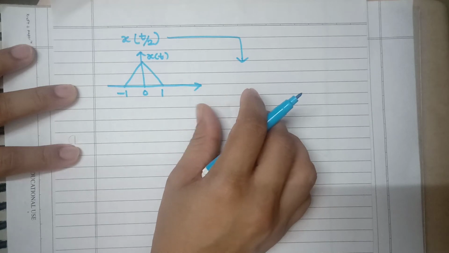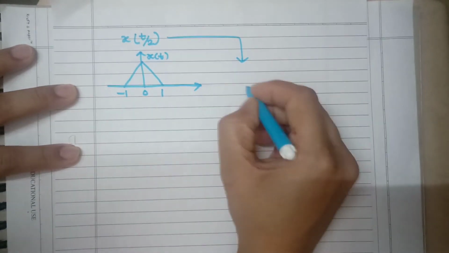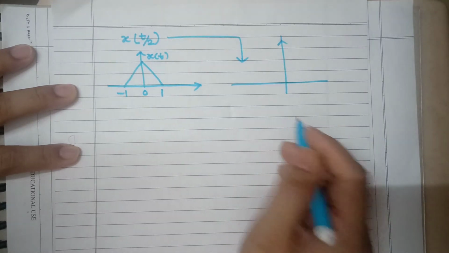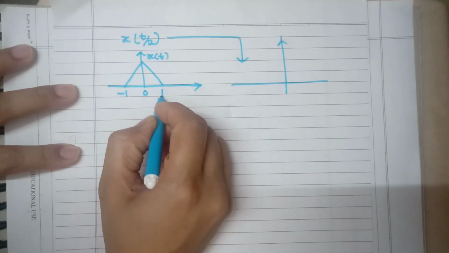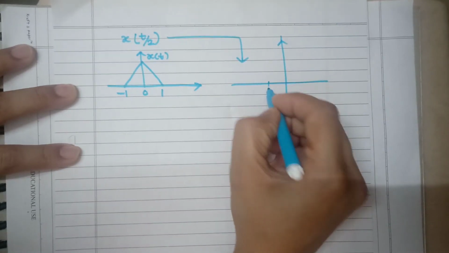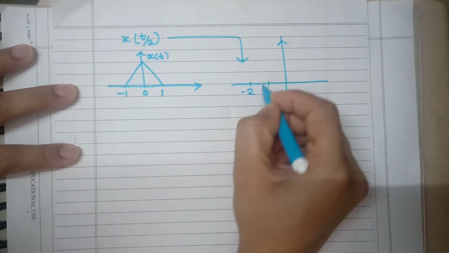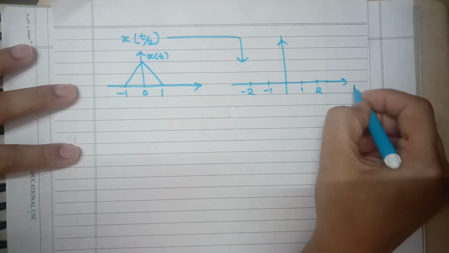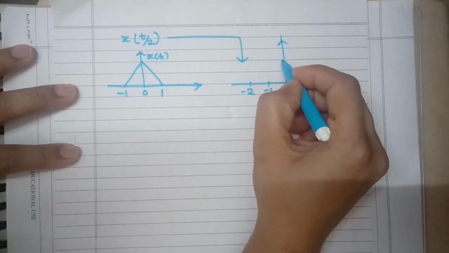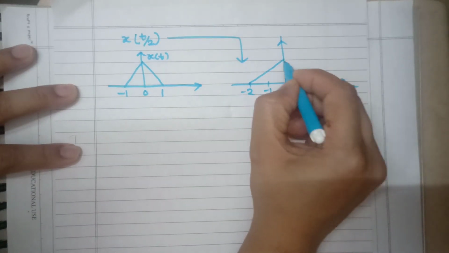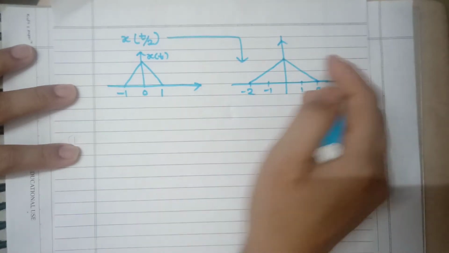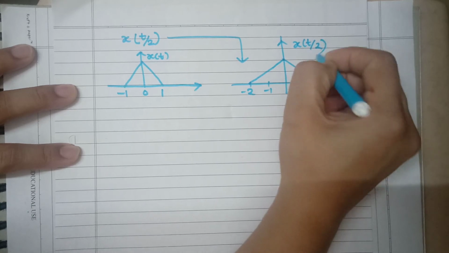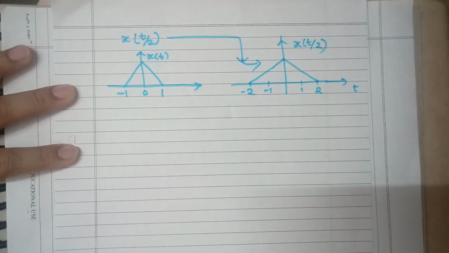It will dilate the axis. So t by 2, so we'll multiply by 2: minus 1 will become minus 2, and 1 will become 2. Amplitudes are going to remain the same in this operation, nothing will change. So this signal is x of t by 2.